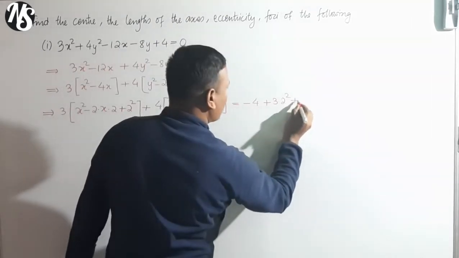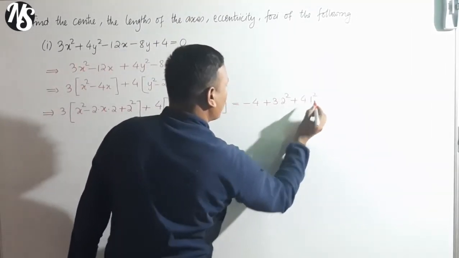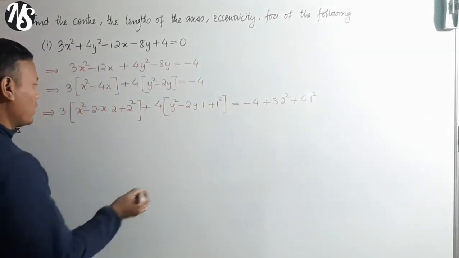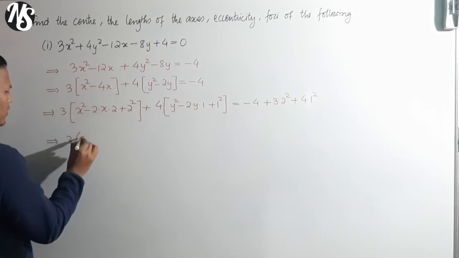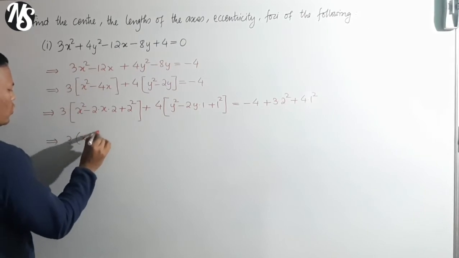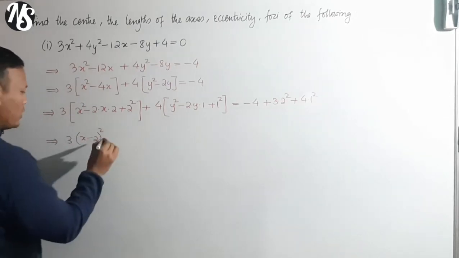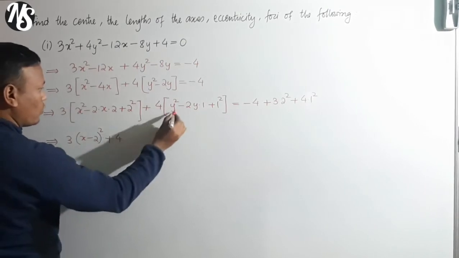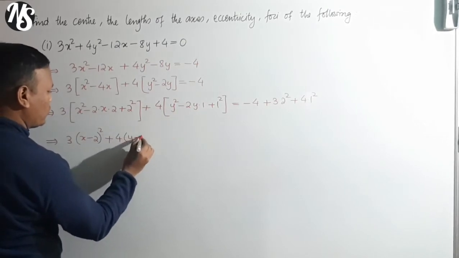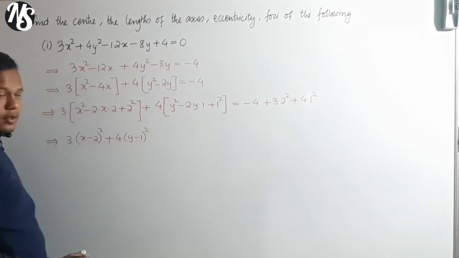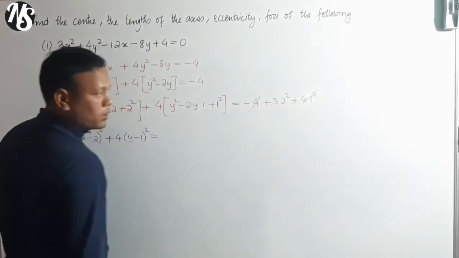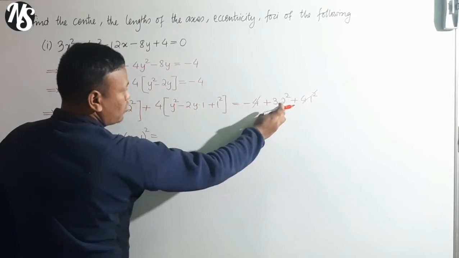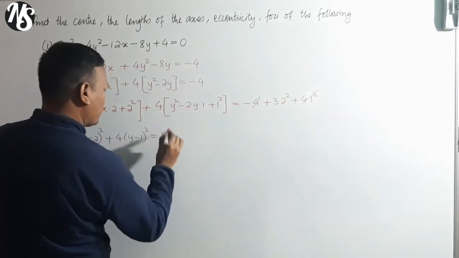So plus 4 into 1 square. Let's see how much this is. So this is 3 into, can I write this as x minus 2 whole square? Yes, so this can be written as 4 into y minus 1 whole square, isn't it? So this is equal to minus 4, this is plus 4, both get cancelled. So 3 into 4 is 12.